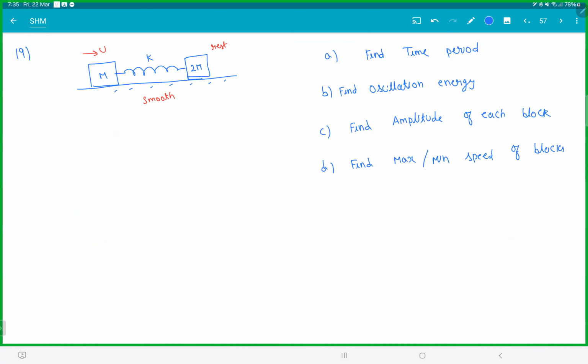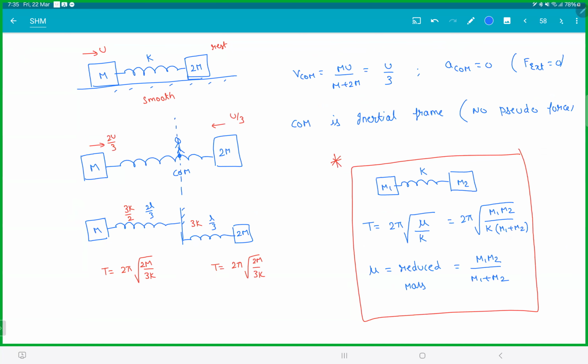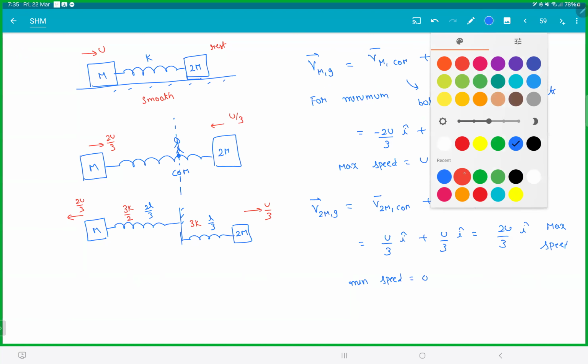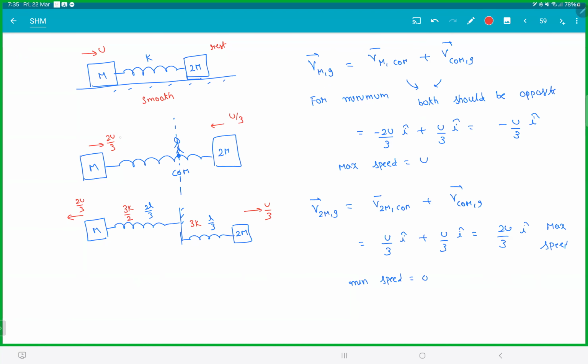What else did I ask you? Amplitude of each block and oscillation energy. How to find amplitude? So this is your V max with respect to center of mass. So V max is nothing but A omega. So for the first block, A1 omega is 2u by 3. For the second block, A2 omega is u by 3. Omega ka value you know. From here you get A1 and A2.